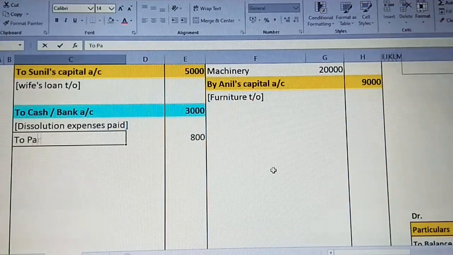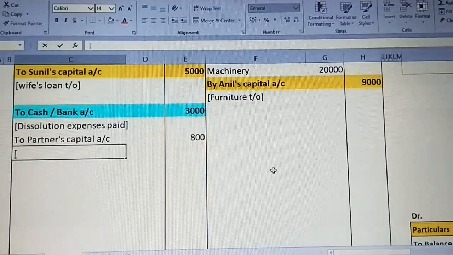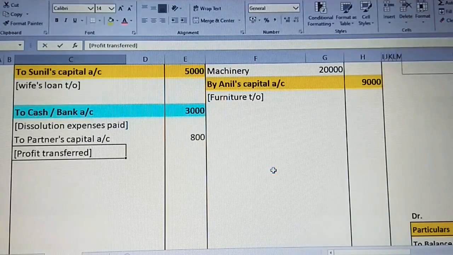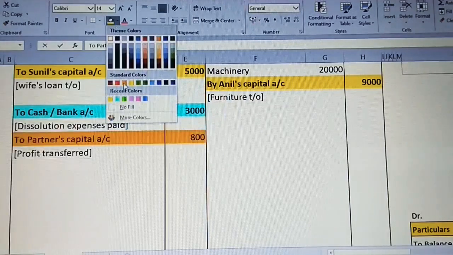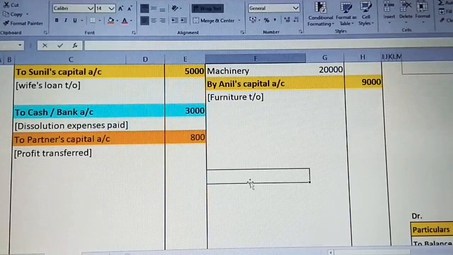To partners capital account, it's profit transferred. 800 is a profit transferred.